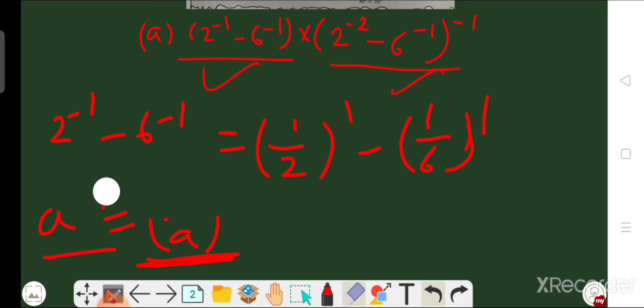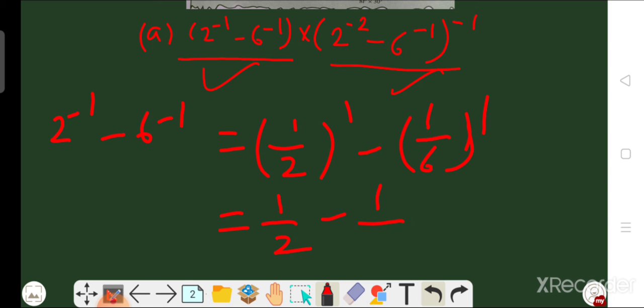By using this property, we can write this, and this is equal to beta, 1 by 2 minus 1 by 6. Okay. And this is equal to, the LCM will be 6. When you divide 6 by 2 we will get 3. So, 3 should be multiplied by 1 and that is 3. Minus sign remains as it is. When you divide 6 by 6, what will you get? 1, and 1 should be multiplied by 1 and 1 multiplied by 1 is equal to 1.